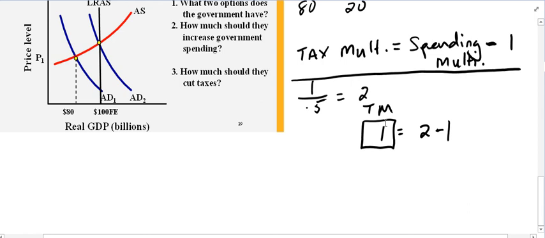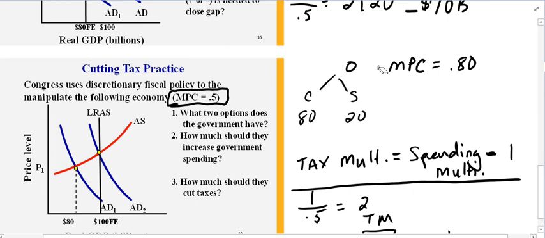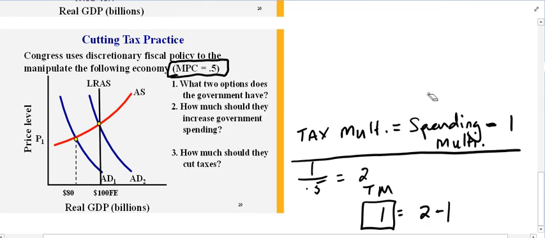So how would we figure out what this question would be right here? What two options does the government have over here? I'll put this in blue now. So what two options does the government have? We have a recessionary gap right here. Okay. It looks like it's $20 billion.